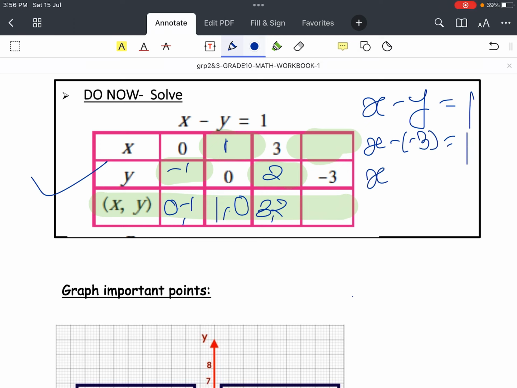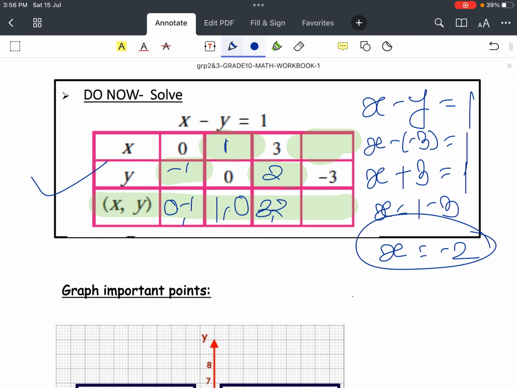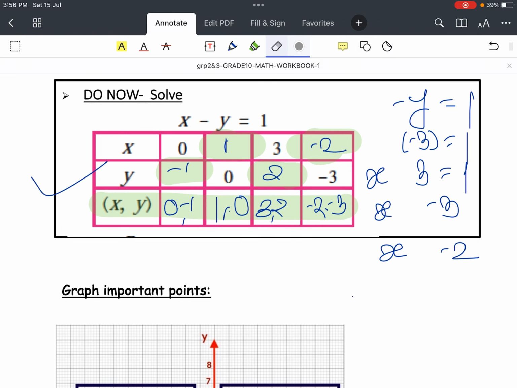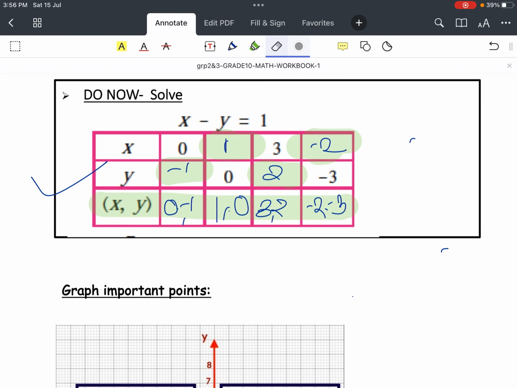So therefore x minus of minus means minus into minus plus 3 is equal to 1, so therefore x is equal to 1 minus 3, x is equal to minus 2, so write down minus 2, so minus 2 and minus 3. So likewise we have to find out the terms and we have to complete the table.